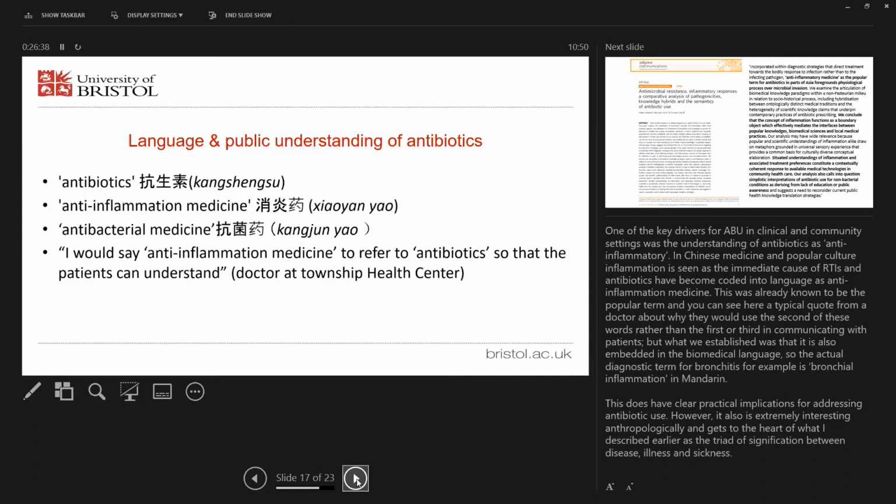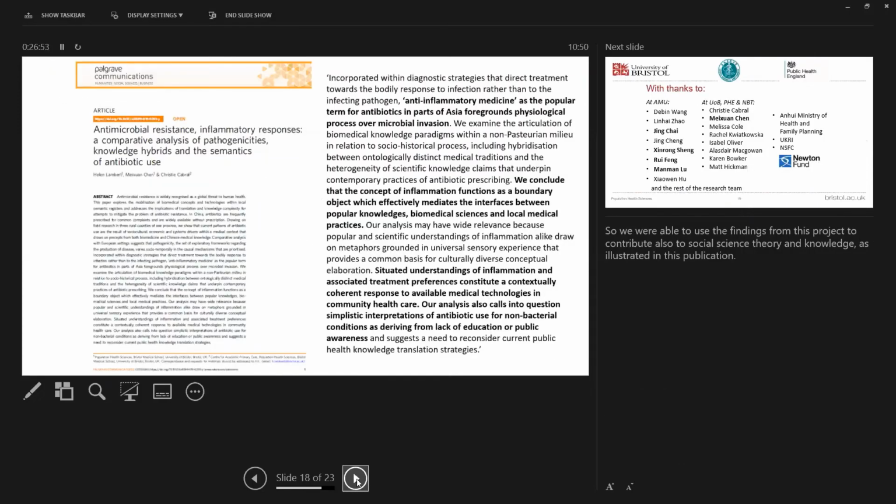That does have clear practical implications for addressing antibiotic use, but it's also extremely interesting anthropologically, and I think gets to the heart of what I described earlier as a triad of signification between disease, illness, and sickness.